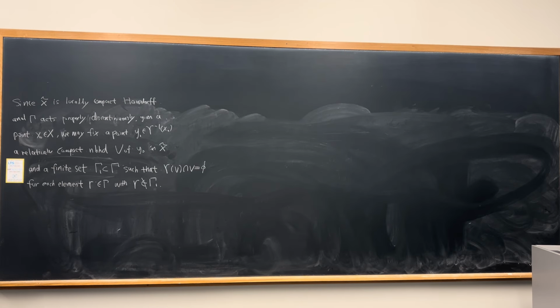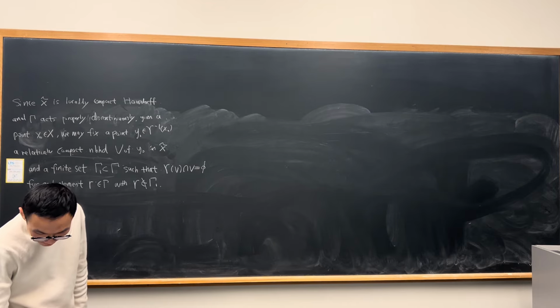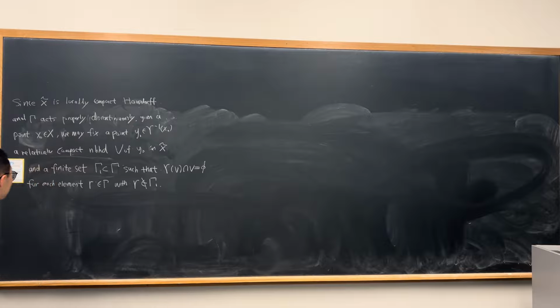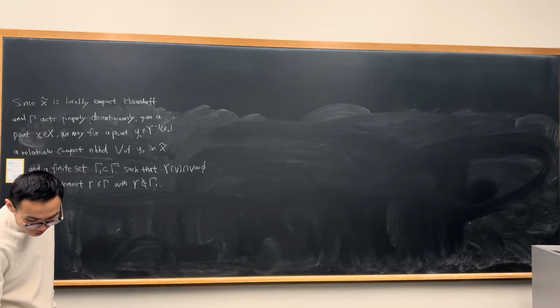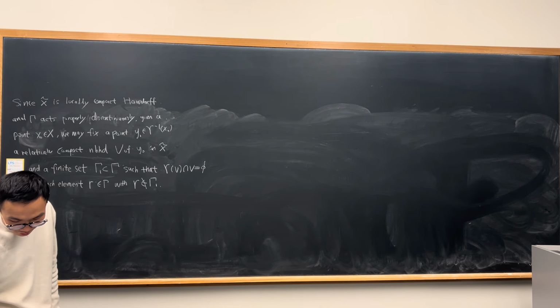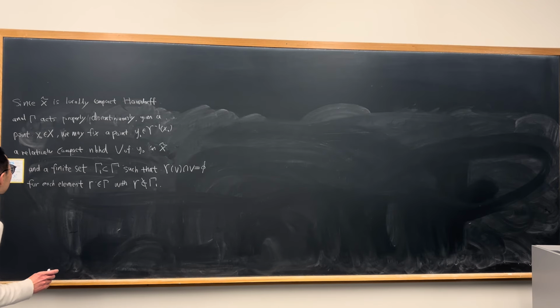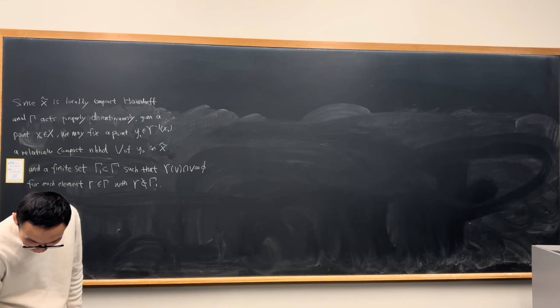So I think the thing is that we have this assumption that x tilde is locally compact Hausdorff, right? Because in the definition it says x tilde is a simply connected locally compact Hausdorff space. And then gamma acts properly discontinuously.